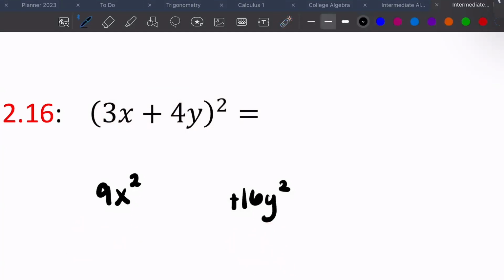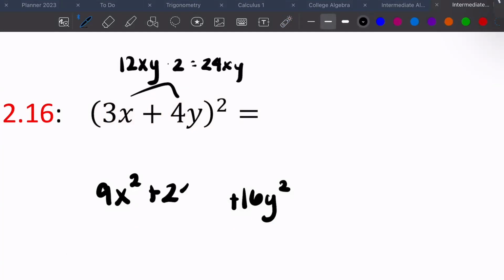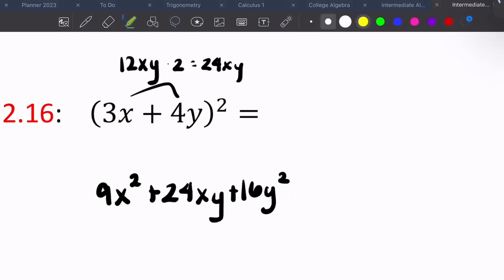Okay, then we're going to multiply together 12xy, and it's positive because you have a plus in the middle, times 2, so 24xy. And that's your answer, right?